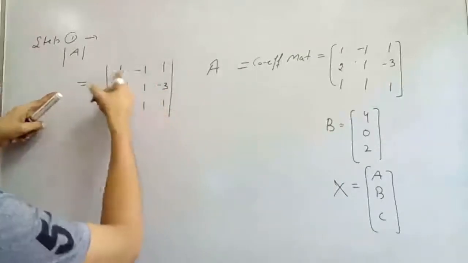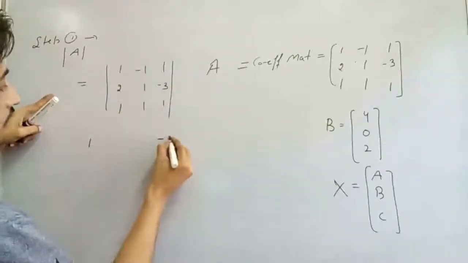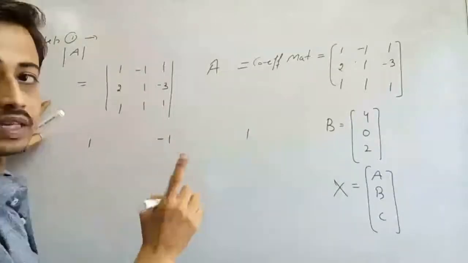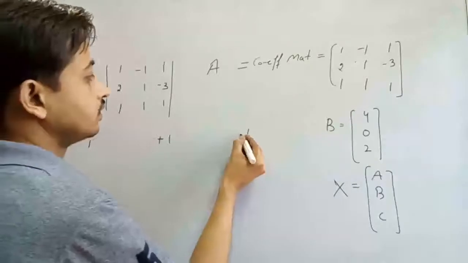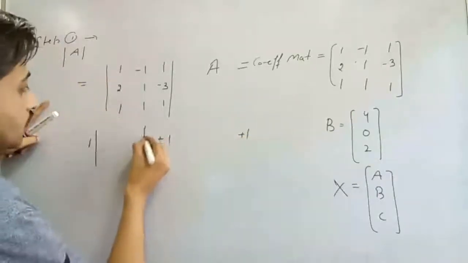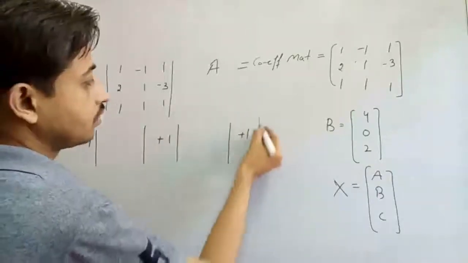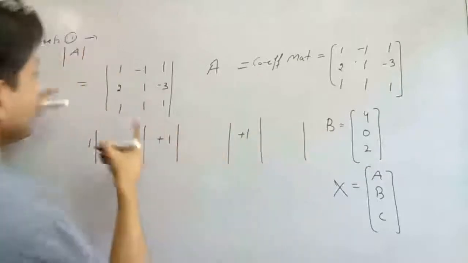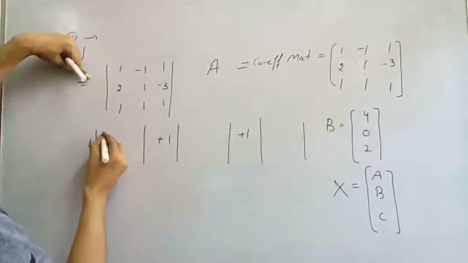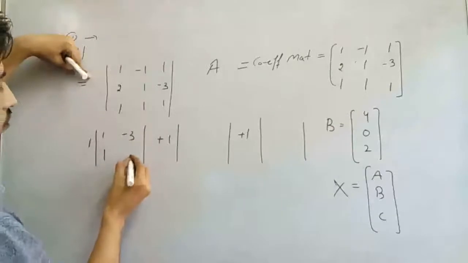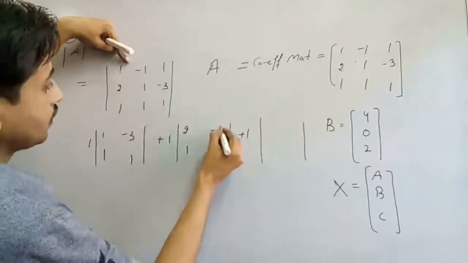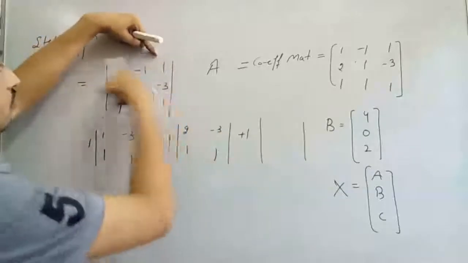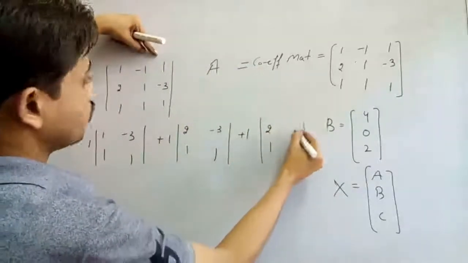Now solve this. The signs are positive, negative, positive. Remove the first row and first column, we get 1, 1, minus 3, 1. Remove the second column and first row, we get 2, 1, minus 3, 1. Remove the third column and first row, we get 2, 1, 1, 1.